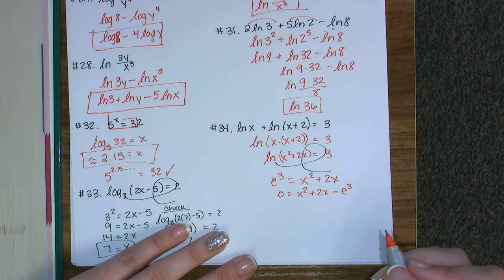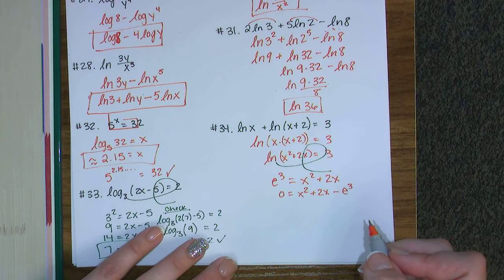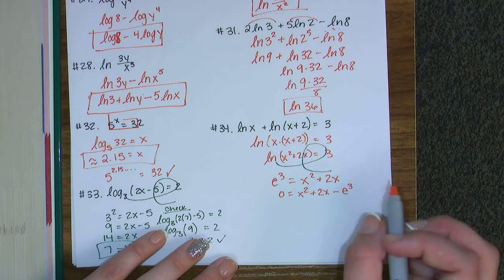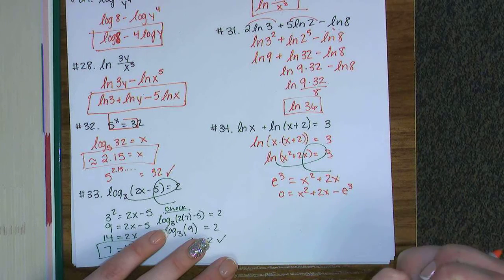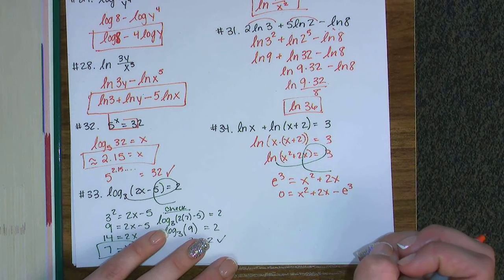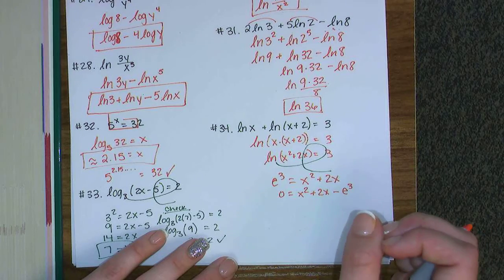Or you could just do this by using the quadratic formula, but obviously because it has an e in it, it's kind of weird. Let's just go with the quadratic formula, I guess, and see what happens here.